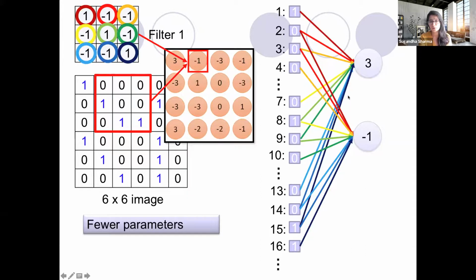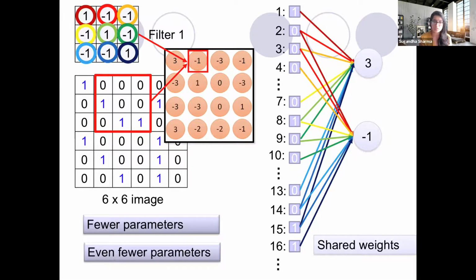These colors are just showing the weights, and you see that this set of weights is the same as this set of weights. So that means now we have shared weights. So we have fewer parameters because we've reduced the number of edges, but also because we are sharing the weights from the input layer to the output layer. Sharing the weights implies even fewer parameters. That's one of the big advantages of using a CNN, that you really reduce the number of parameters as compared to a fully connected deep network.